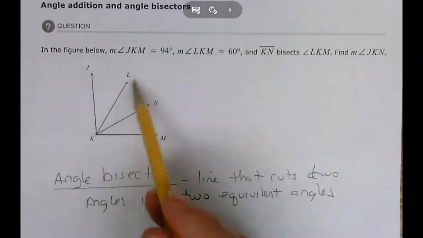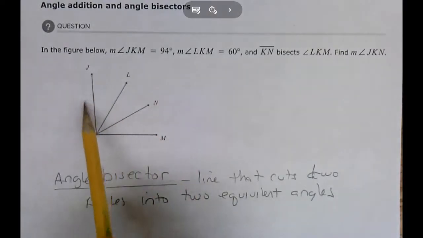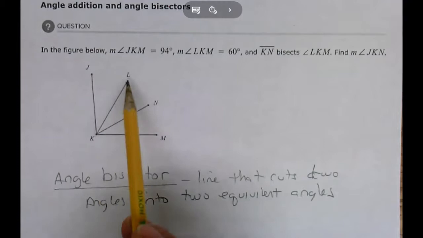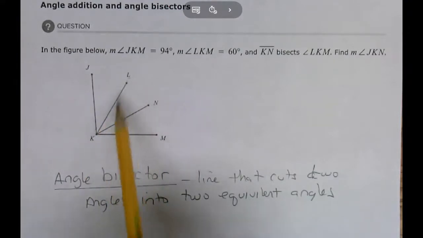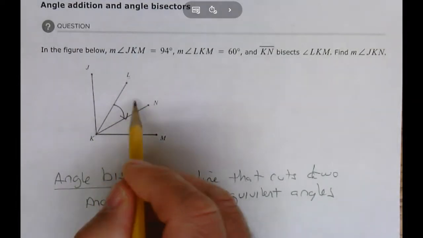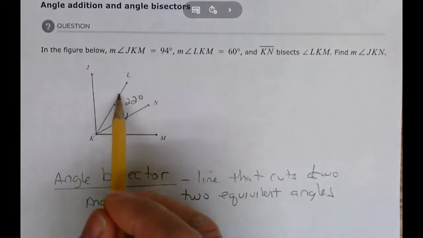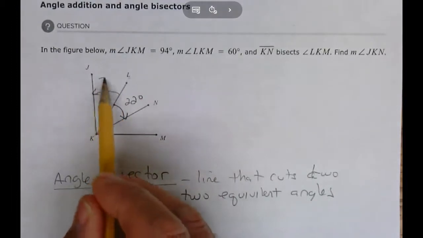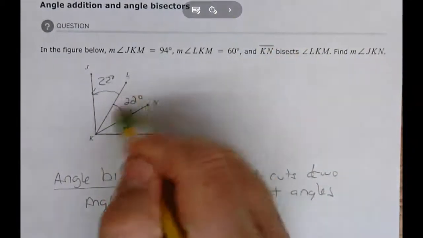If KL is an angle bisector, that means it cuts angle JKL and LKN into two equal angles. If we knew that KL was an angle bisector, and that this angle was 22 degrees, we would know that this cuts it in perfect half, so this would also be 22 degrees. That's an example of an angle bisector.